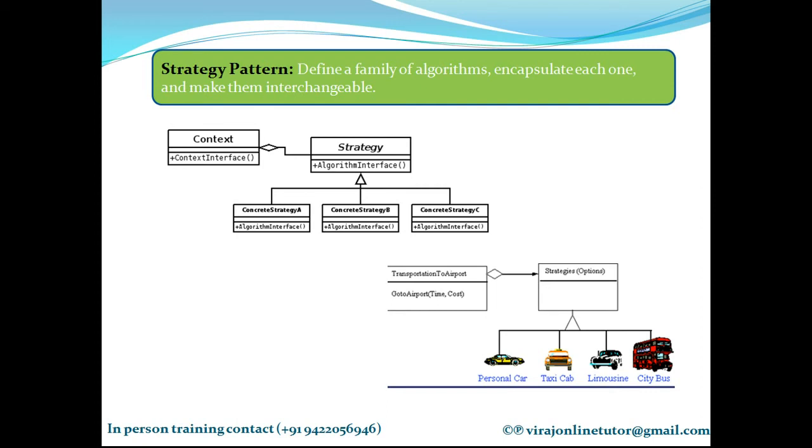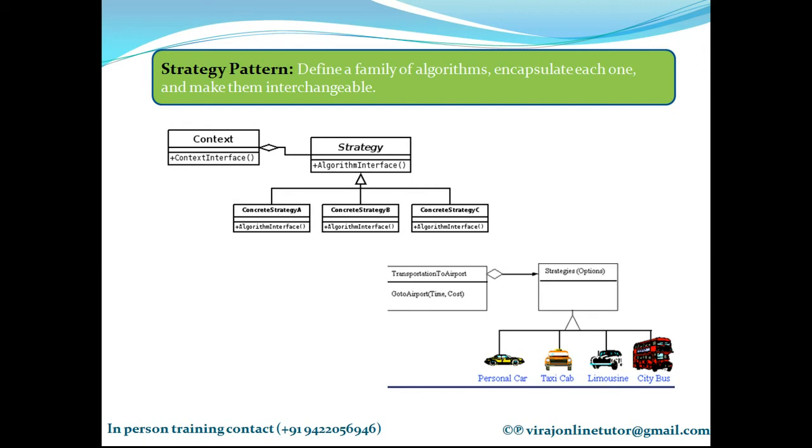I can't select both options to go from home to airport. I have to select one of them. So when you have different related classes that only differ in their behaviors, and you want to configure your application to use one of those behaviors, then use the strategy design pattern.